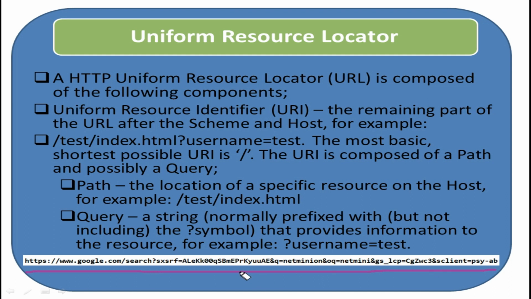Here HTTPS is your protocol, www.google.com is your whole host, and after the question mark, whatever comes, like what you are searching for, maybe netminion, is the query string. So this is how a URL can be divided into the URL host and URI.